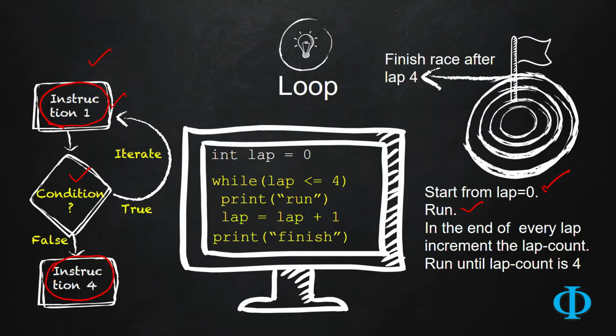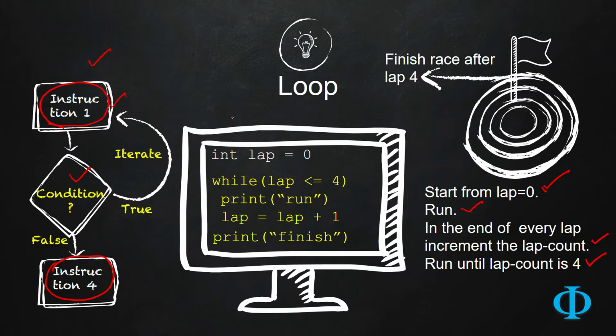At the end of every lap, they have to increment the lap count by 1 and keep track of that count. And once the lap count is 4, that is, the last lap is reached, then the race is finished. That is exactly the concept of loop, and this is similar in the context of programming also.